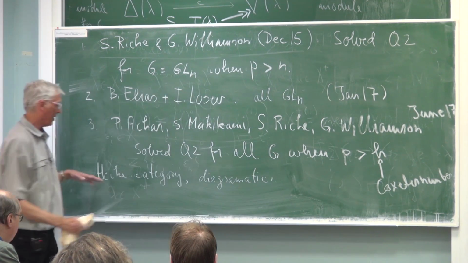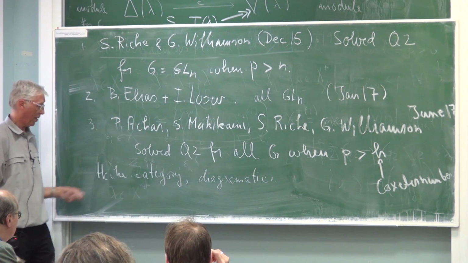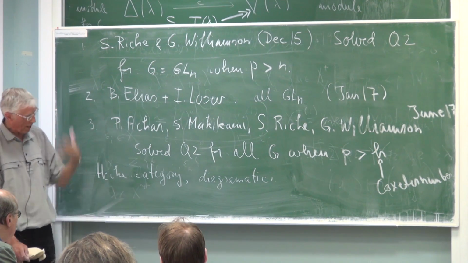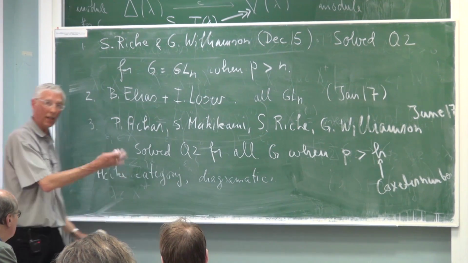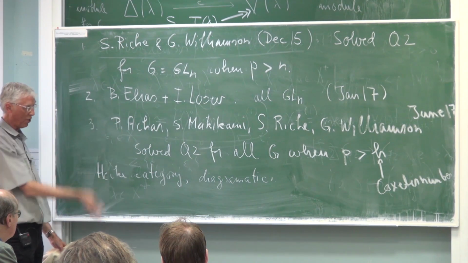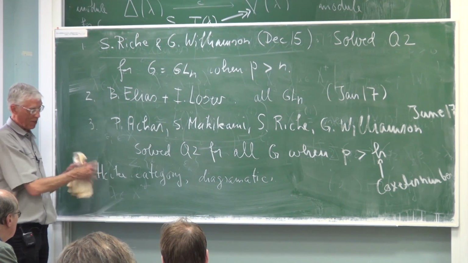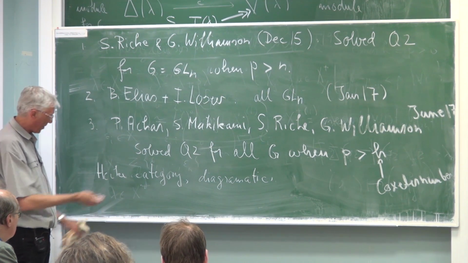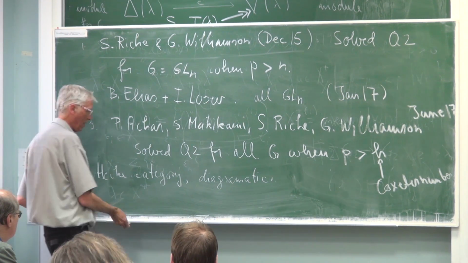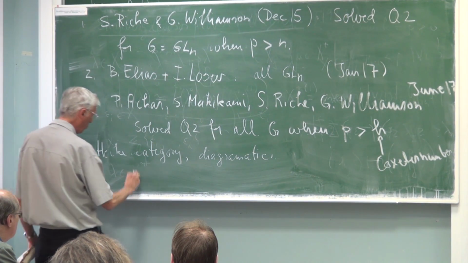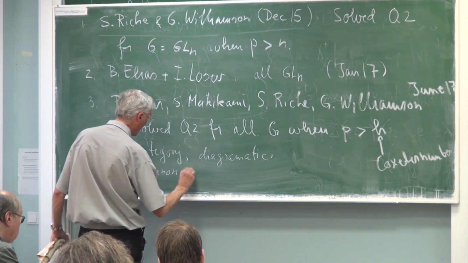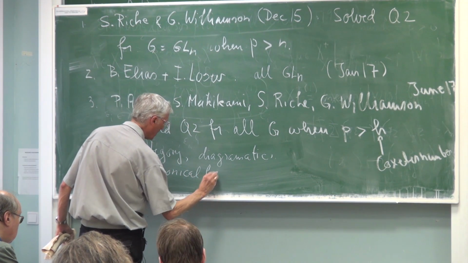This is a category where the objects correspond to the usual objects in the Hecke algebra, but there are some morphisms which they can picture by drawing diagrams, and there are some relations that these diagrams satisfy, and so they can really handle many things that way. They can come up with something like what they call a p-canonical basis.